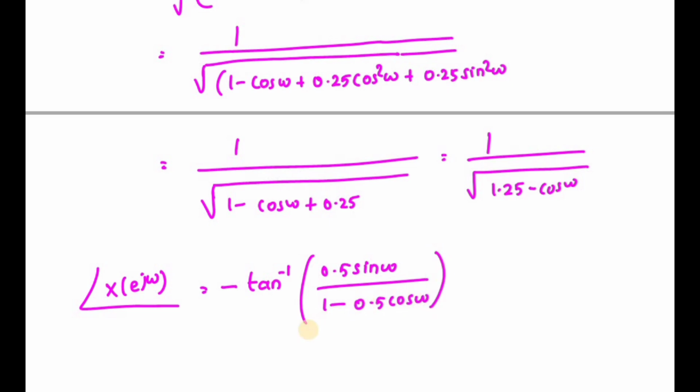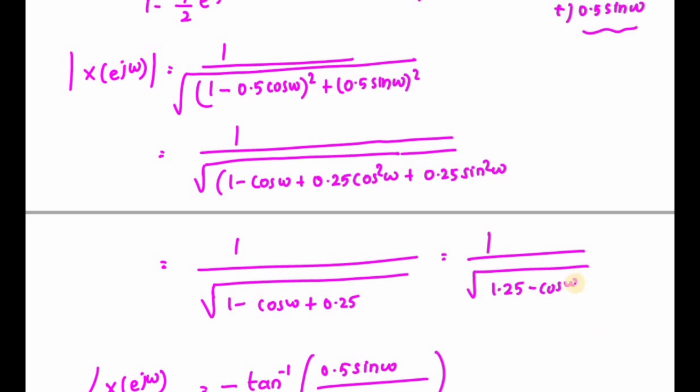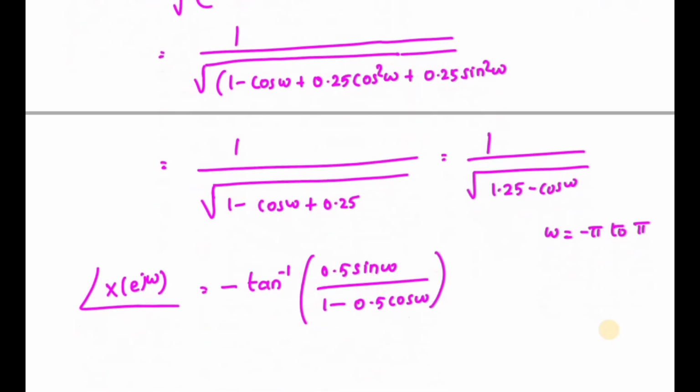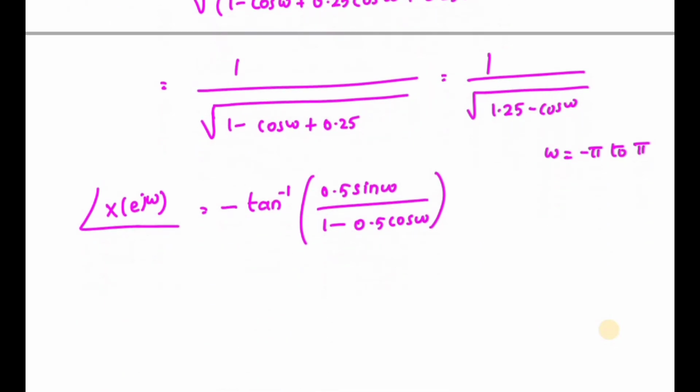Okay. In both equations, if you substitute the values of omega, usually ranging from minus pi to pi, you can plot the values for the magnitude and the phase.